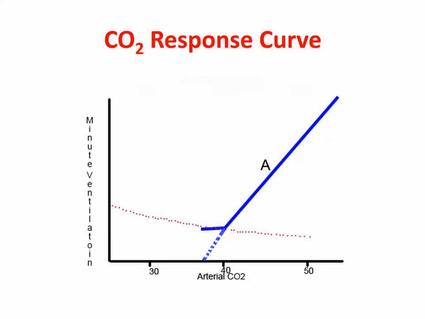This graph shows the same curve with the line extrapolated back down to a point of zero ventilation. That is, if the PCO2 is below the value where the line intersects the x-axis at that point, then the patient will become apneic. This value then is known as the apneic threshold.